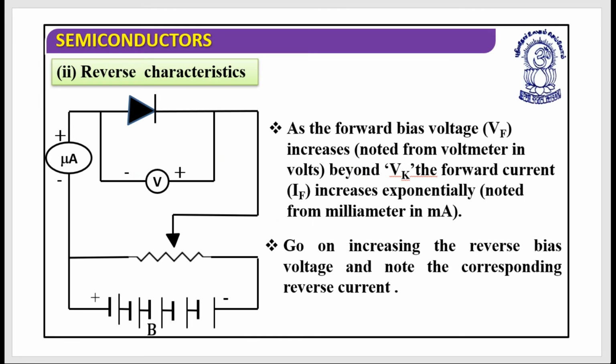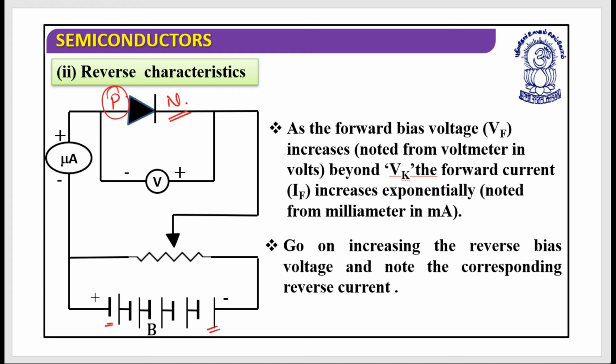Now let's look at the reverse bias characteristic of the PN junction diode. When we want its reverse bias characteristics, this is the PN junction diode. What I'm supposed to do is that this p-type material will be connected with the negative terminal of the battery, and this n-type material will be connected with the positive terminal of the battery.